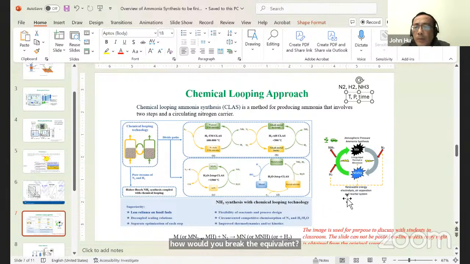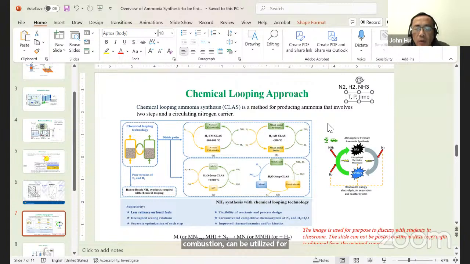Let me ask, I don't see too many students coming back. Whoever is in the audience, have you ever heard of the terminology of chemical looping? I just want to know. Not necessarily for ammonia synthesis. Chemical looping can be utilized for combustion, or for any other reaction.